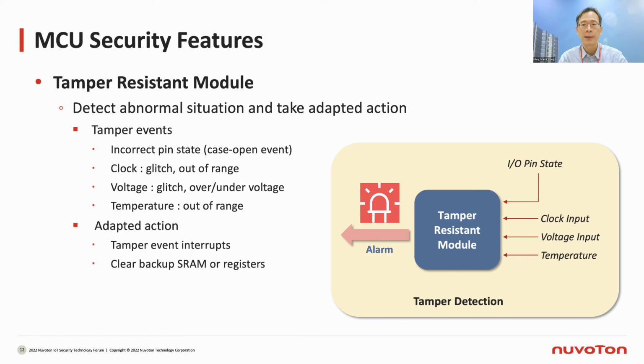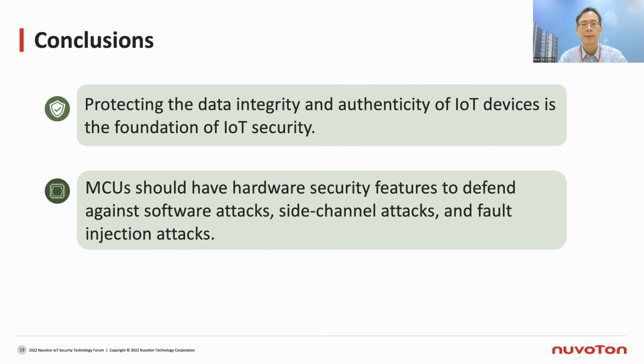Once the tamper event is detected, the tamper-resistant module will generate a warning interrupt and trigger some adaptive actions, like clear backup SRAM or registers. Due to the capability to detect tamper events, the tamper-resistant module is helpful to detect fault injection attacks.